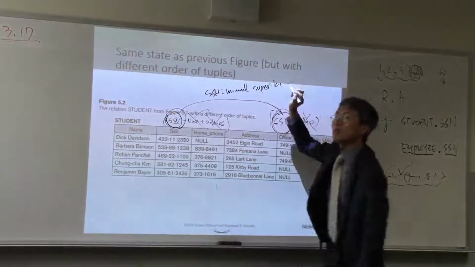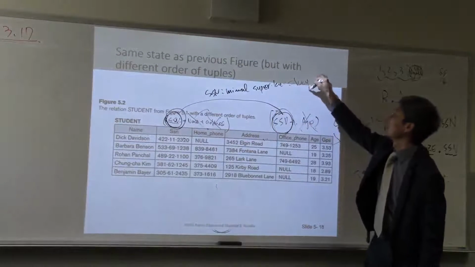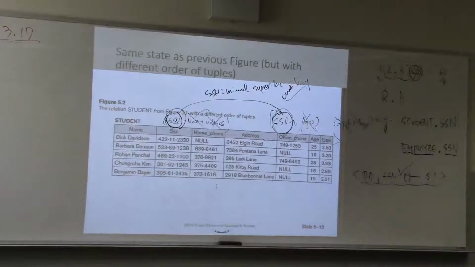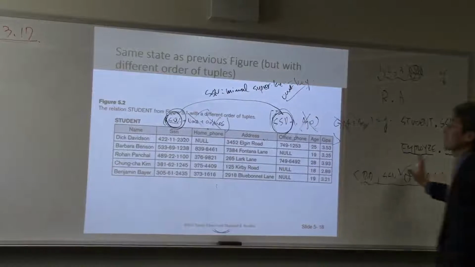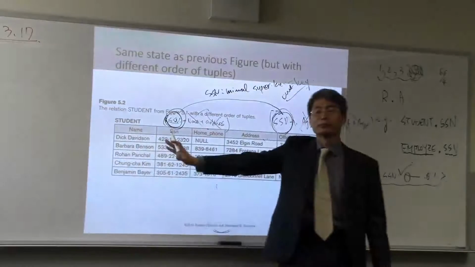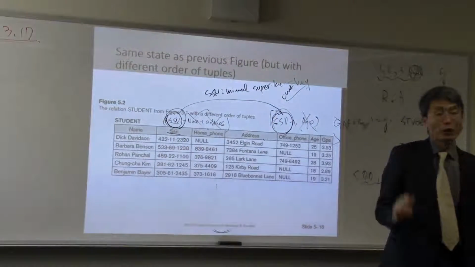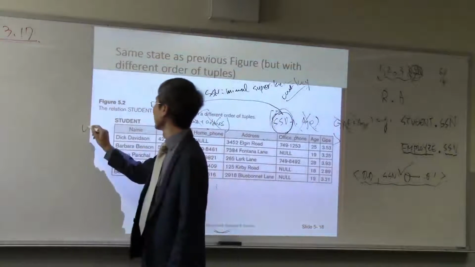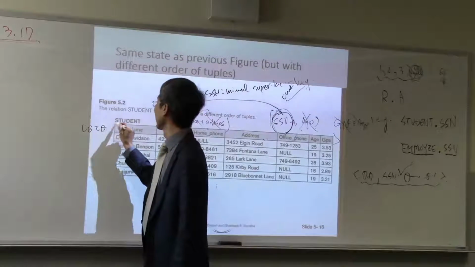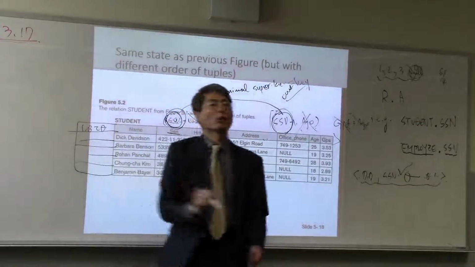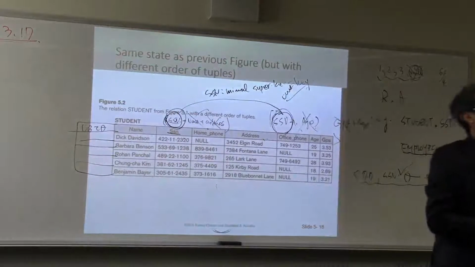Minimal super key is candidate key. It's not the key yet, it's a candidate key. Here, what is a candidate key? Social security number. What about this one? If I add UBID for the student database, how many super keys?